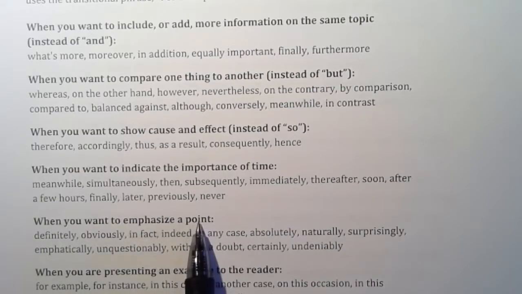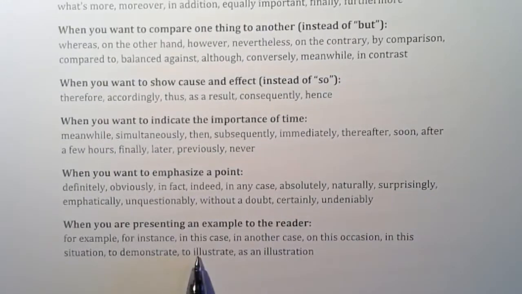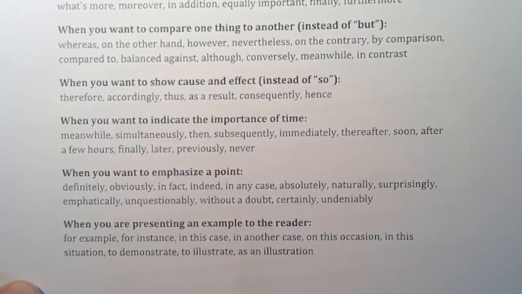When you want to emphasize a point, we say things like in fact and indeed, absolutely, definitely, obviously, unquestionably, emphatically. When you're presenting an example to the reader, of course, we say things like, for example, for instance, in this case, or to illustrate, as an illustration. So let's have a look at some of those in action.